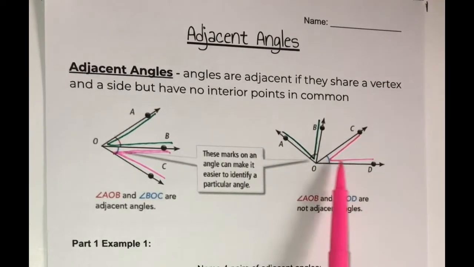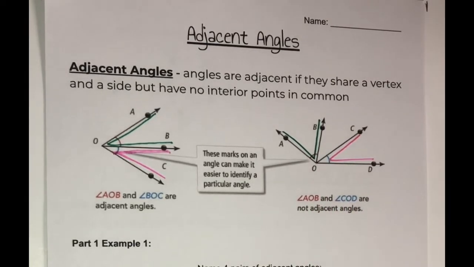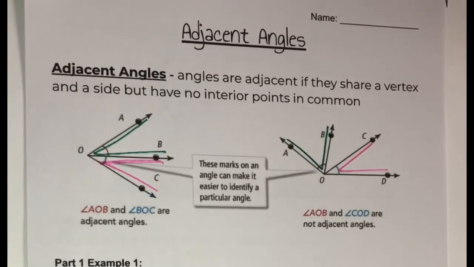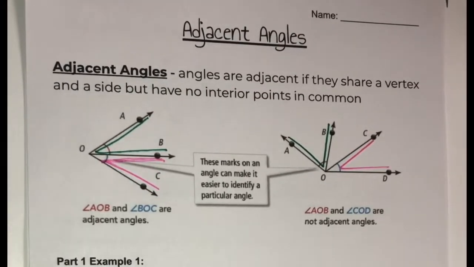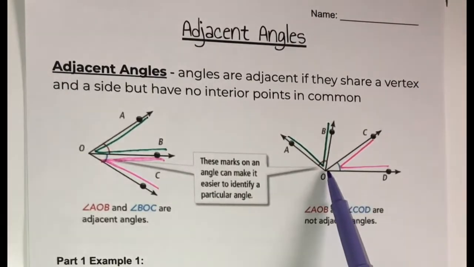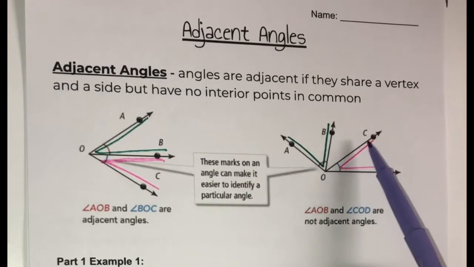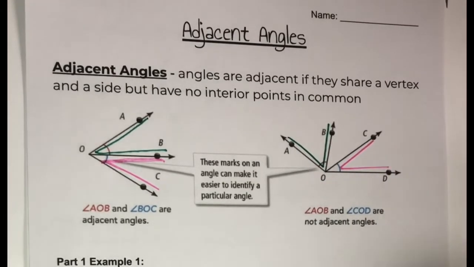If we look at these two angles, they are not adjacent. Tell me why they are not adjacent. They are not adjacent because, yes, they do share a vertex, but they do not share a side in common, so they are not adjacent.